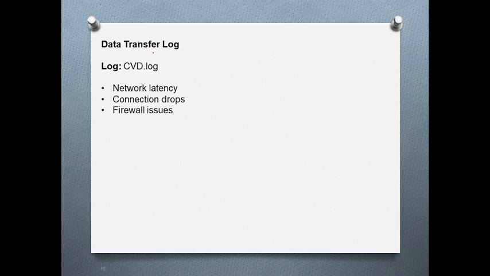The last slide is the data transfer log. You can easily figure it out from cvd.log. Here you can identify network latency, connection drops, firewall issues. Got it? I mean firewall ports 8400, 8403, 8401, 8402.